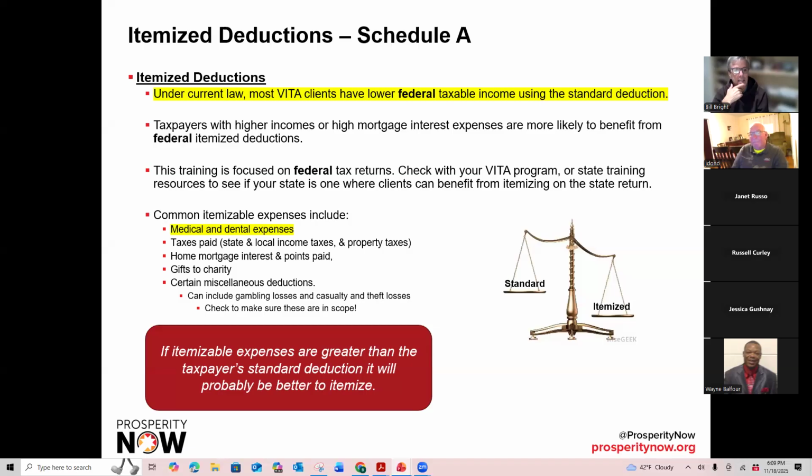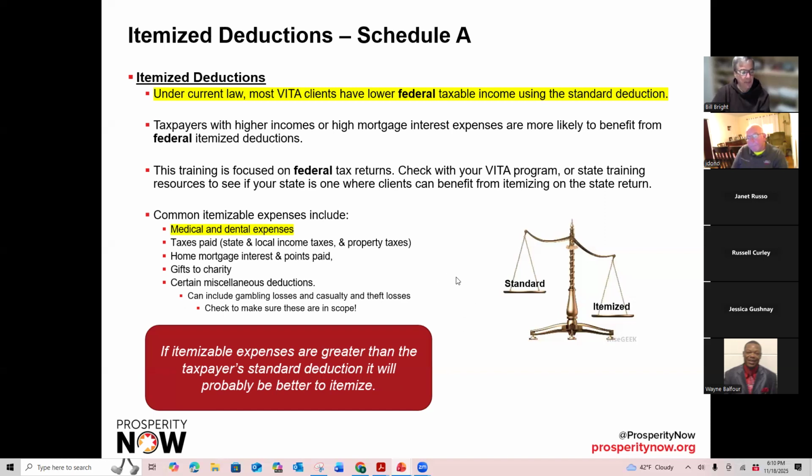The other itemized expenses are the SALT taxes, state and local income taxes and real estate taxes, home mortgage interest and points, gifts to charity, and certain other miscellaneous deductions. The most common is the gambling losses, in reference to their gambling winnings.